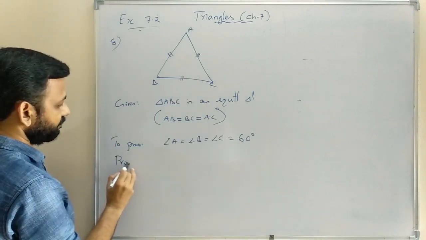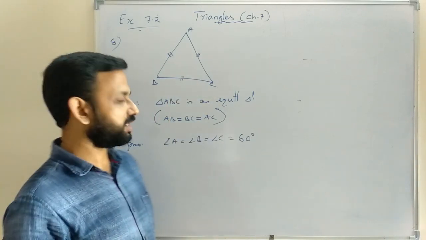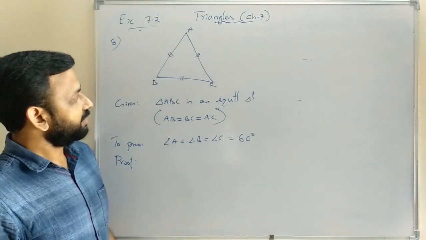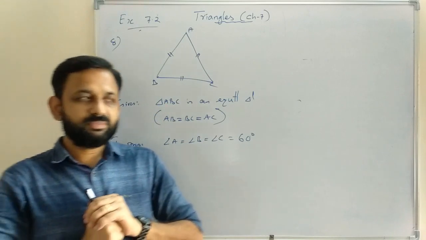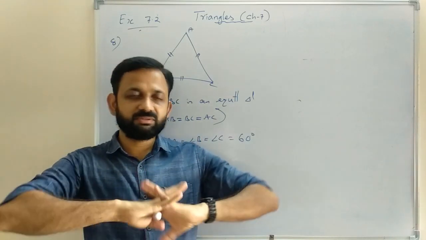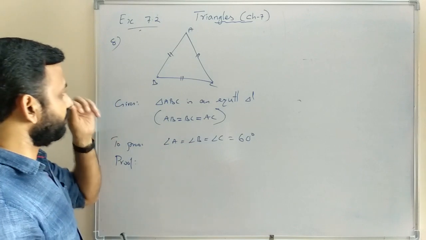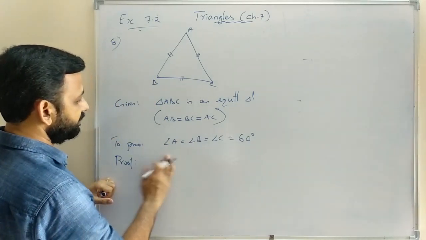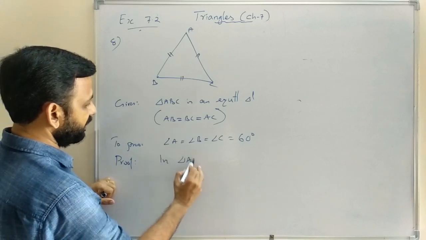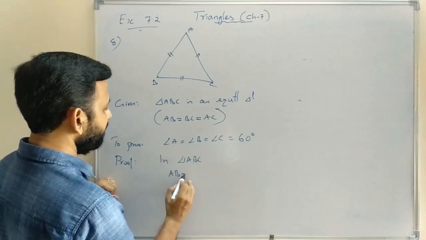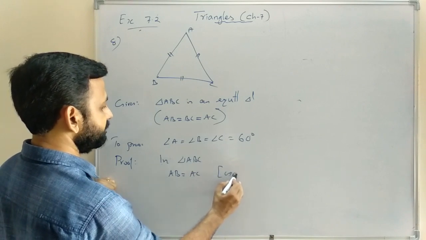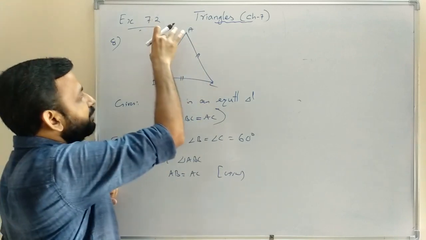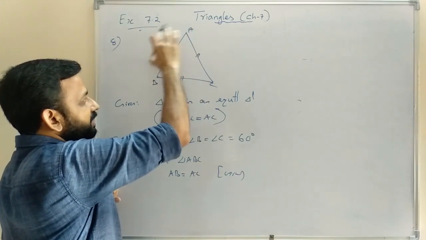Then proof. So here we want to show that each angle of an equilateral triangle is 60 degrees, and triangle ABC is an equilateral triangle. Here we are going to use the isosceles triangle property. In triangle ABC, AB equals AC, that is given.